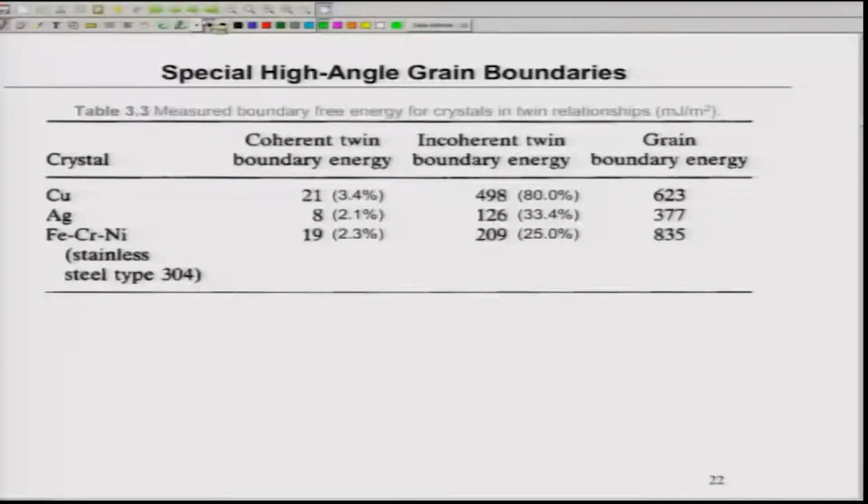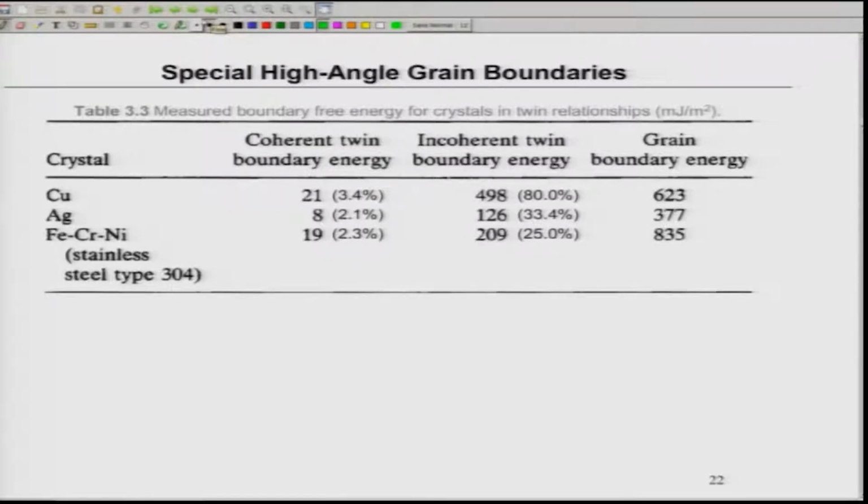Okay. Now, to give you some energy values for different crystals like copper, silver, or maybe stainless steel. Stainless steel is one of the classic cases. For coherent twin boundaries you see here, for copper it is only 21, silver is lower, but stainless steel is about 19, very close to 20 millijoule per meter square.